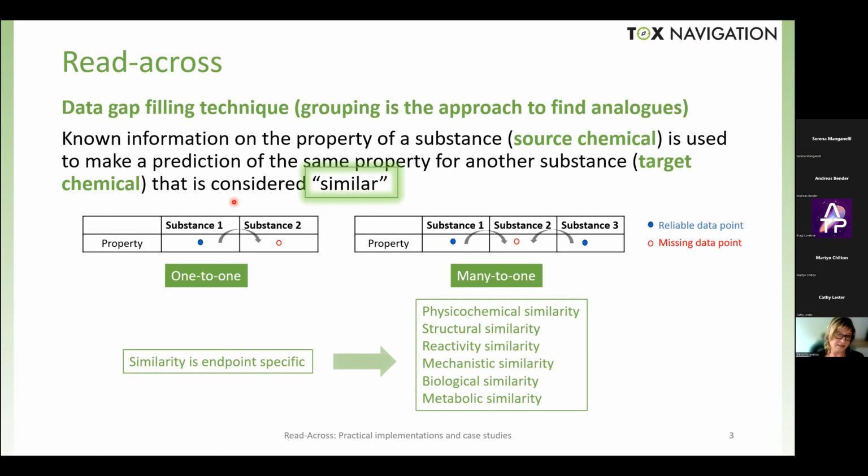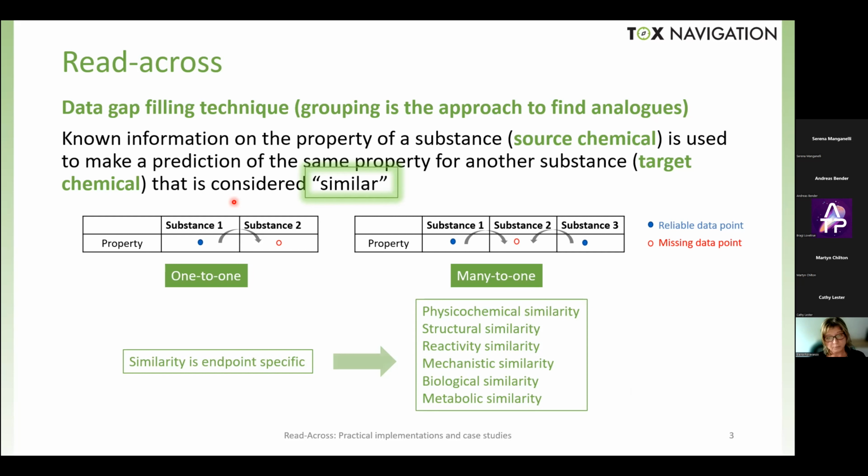The problem is that assessing similarity is not that easy, and similarity is not a monolithic concept; it comes in different flavors. I use the same terminology that Kathy has used in assessing similarity. I just added that similarity is endpoint specific.